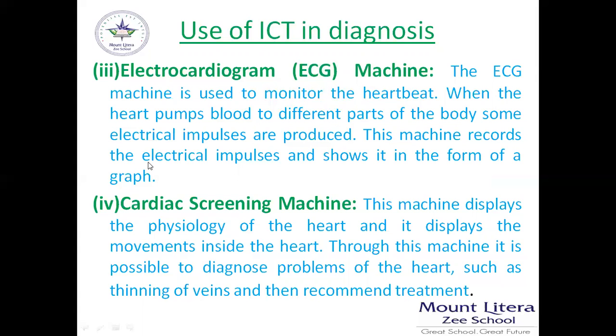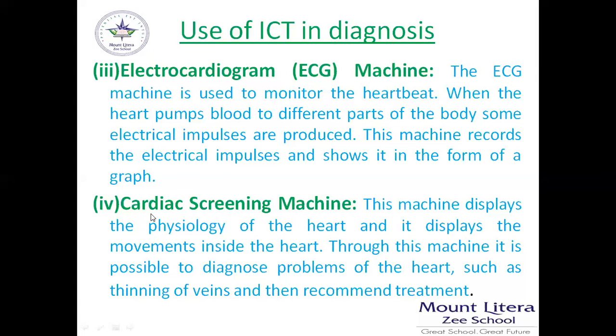This machine records the electrical impulses and shows them in the form of a graph. We'll see in the picture. So this is the use of the electrocardiogram machine, and all these machines are used in diagnosis of patients.